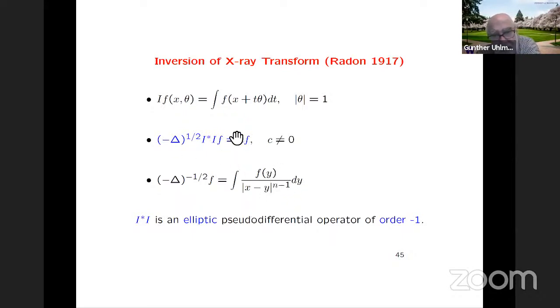Anyway, the important thing I want to emphasize is that the inverse of I on the left is a non-local operator. It involves the square root of the Laplacian. That's non-local. This convolution involves contributions from every single point, right? It depends, of course, on F.